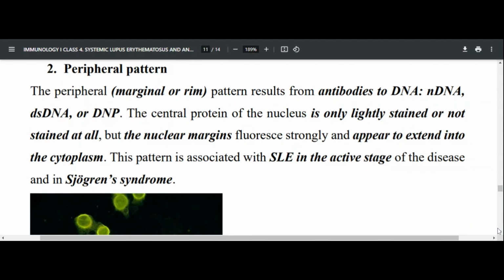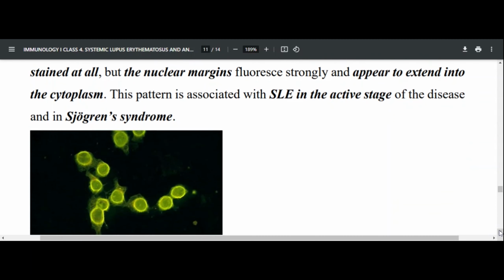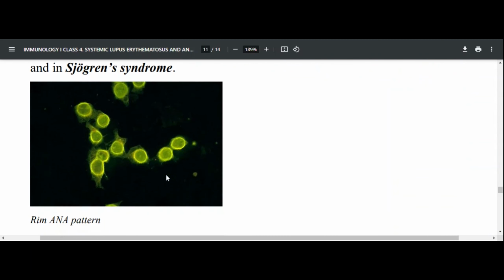You will see that the fluorescence will even extend a bit to the cytoplasm of the cell. Here it says that in the center of the nucleus sometimes you can also see some fluorescence, but the fluorescence is accumulating at the rim of the nucleus, and sometimes extending to the cytoplasm.